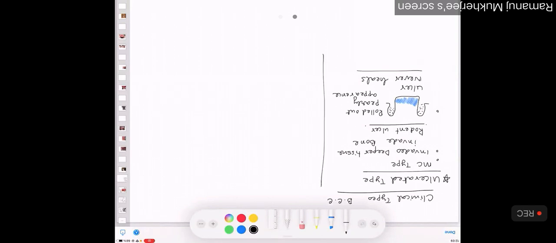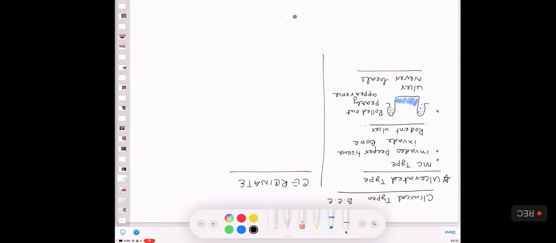The second type of basal cell cancer is called the cicatrizing type. What is a cicatrizing type? It is an uncommon type where it spreads laterally.